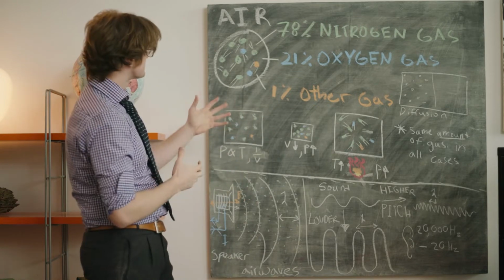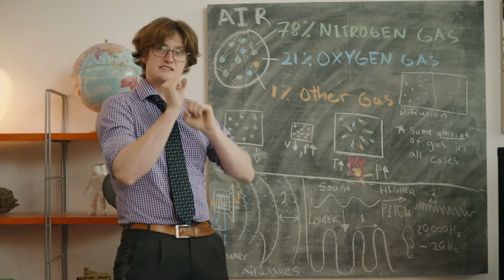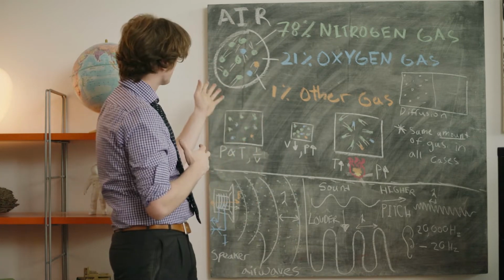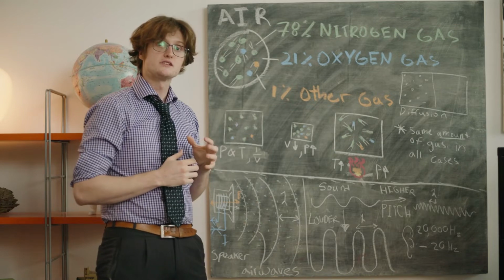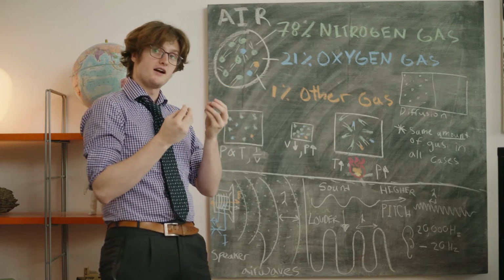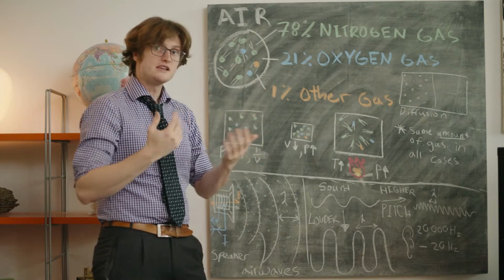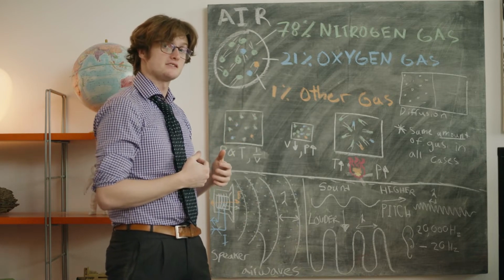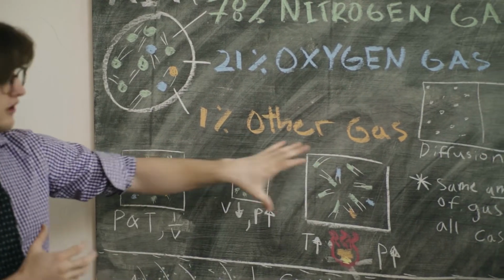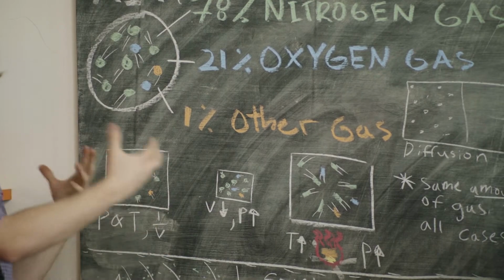Now we can see here that I've drawn air as a bunch of these little things. These are little atoms or molecules, and these are the little pieces of air that make up what we breathe and what we interact with on a daily basis. It will take up the volume of the container that it's in.